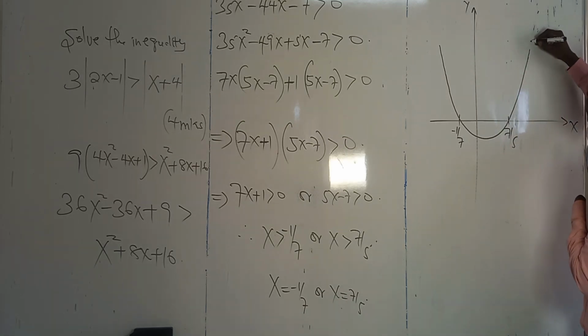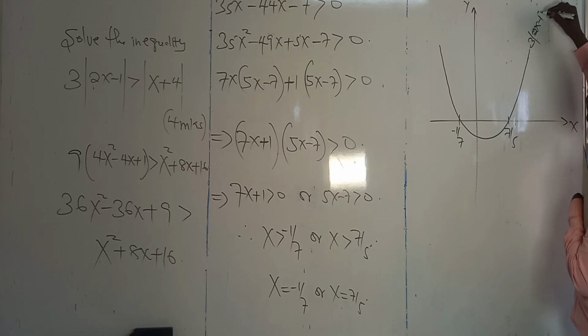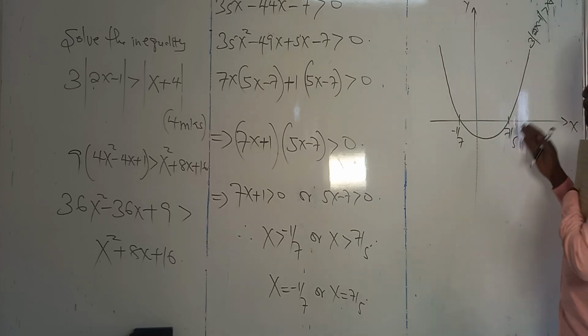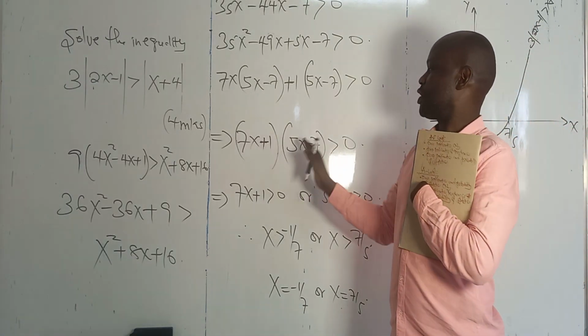So the function is 3 into 2x minus 1 is greater than x plus 4. Now that's this function. But realize that at this point it is greater than 0. The function is greater than 0.